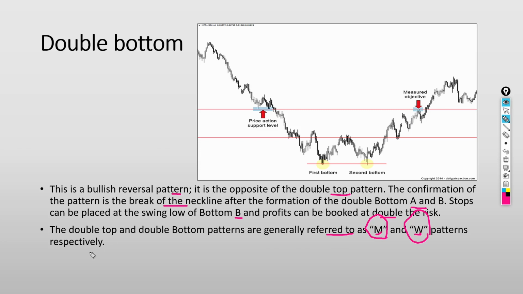Okay, so we are saying that this double top pattern is sometimes known as M, and then double bottom is sometimes known as W. And then this double top occurs in an uptrend, double bottom occurs in a downtrend. So you get your first bottom, you get your second bottom.